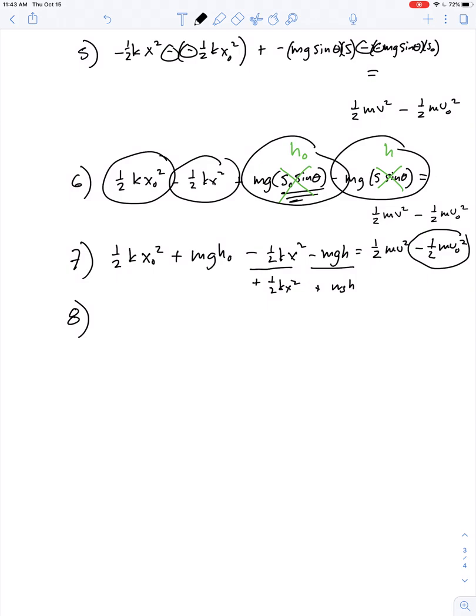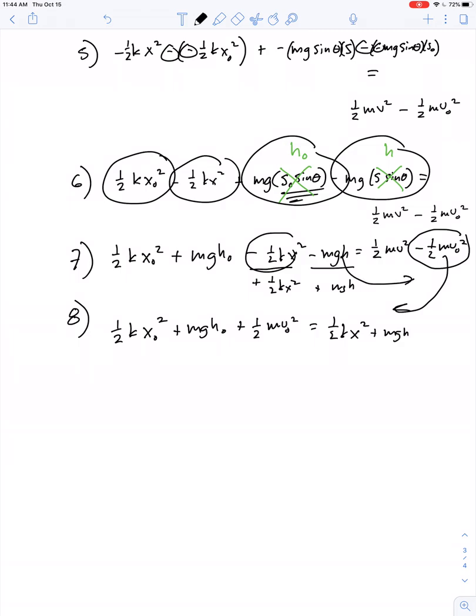In other words, we will have 1/2 k x initial squared plus mgh initial plus 1/2 mv initial squared is equal to 1/2 k x final squared plus mgh, and we're still left with plus 1/2 mv final squared.